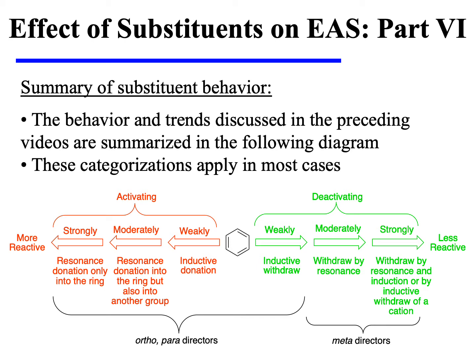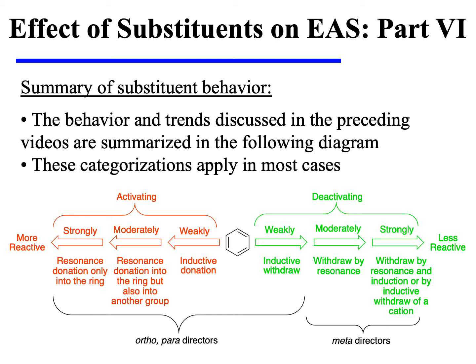So for instance, when the benzene ring is connected to the sp3 oxygen of an ester, that oxygen's lone pair electrons may be delocalized into the ring and into the carbonyl.